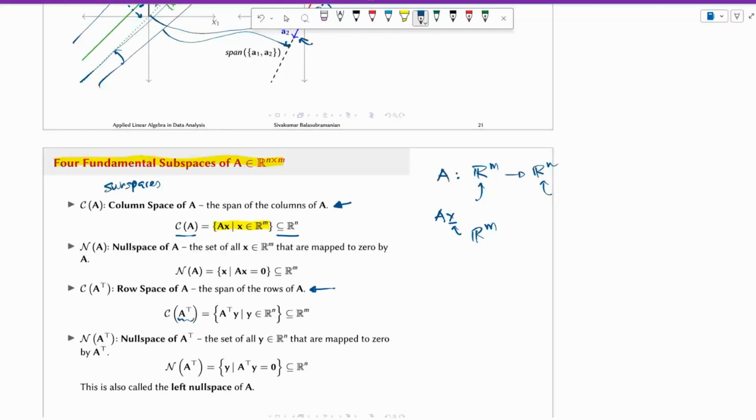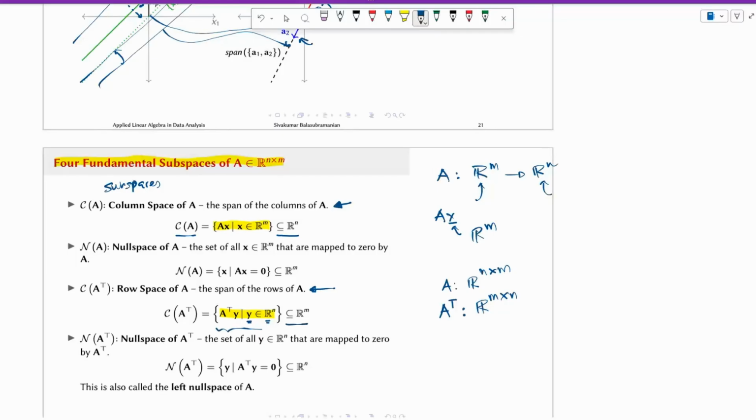The rows of A are from Rm. Yes. The rows of A are from Rm. Okay. So if you take the linear combination of the rows of A, you will produce vectors in Rm. That's why the row space is a subspace of Rm, the input space.